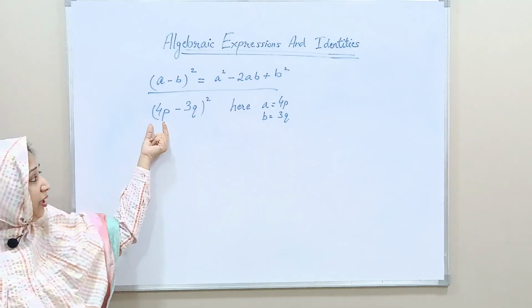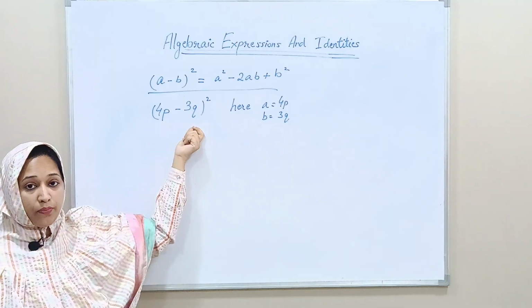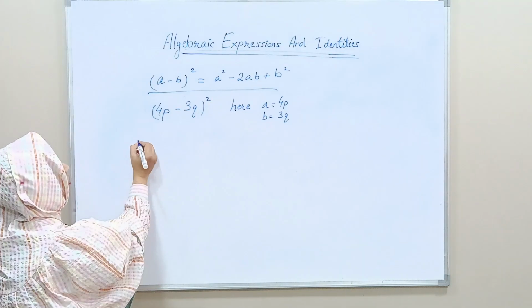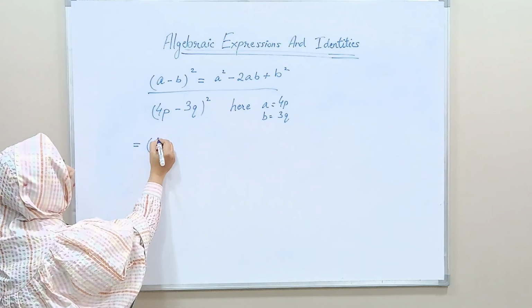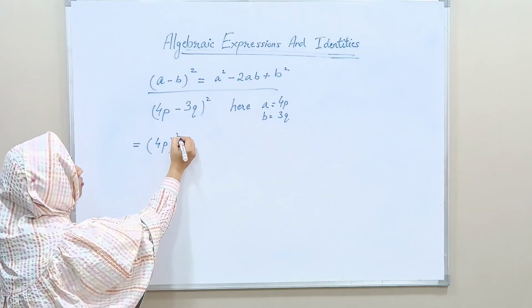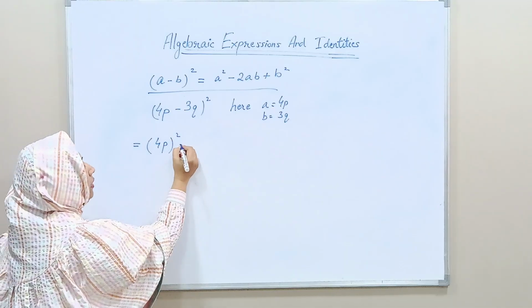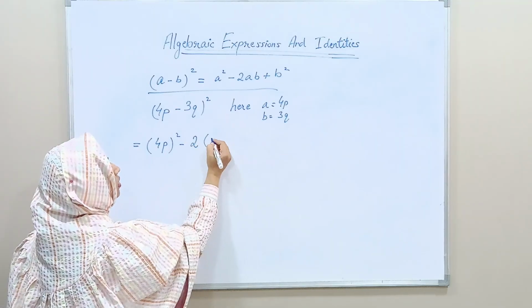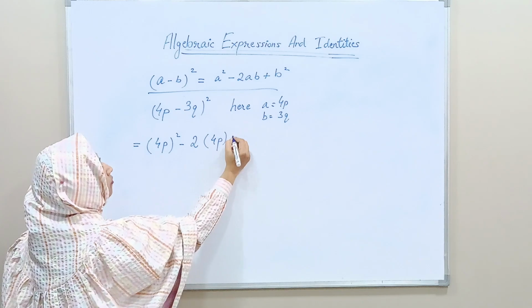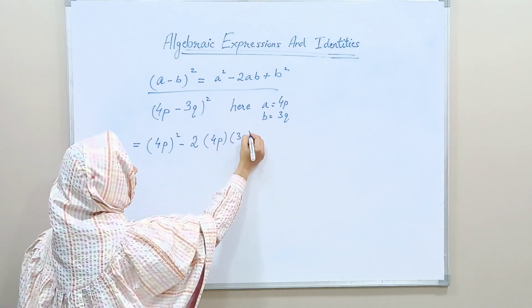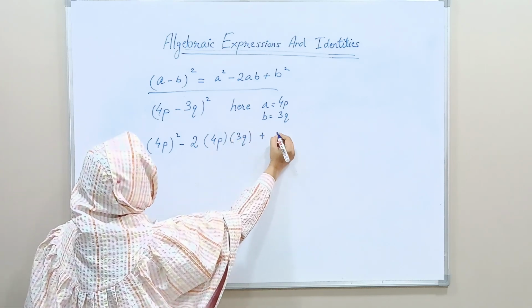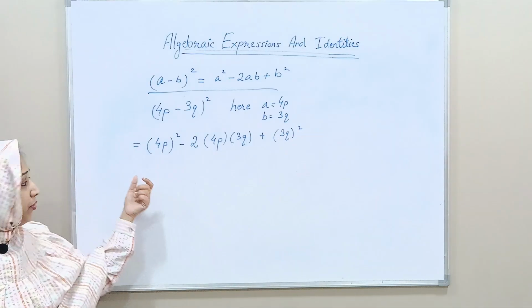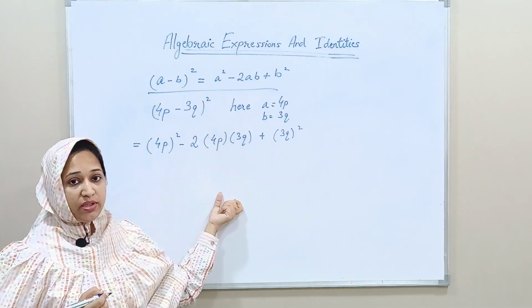Applying the identity, it says a square, so a square means (4p)², minus 2 into a into b, so a is 4p and b is 3q, plus b square, so that is (3q)².